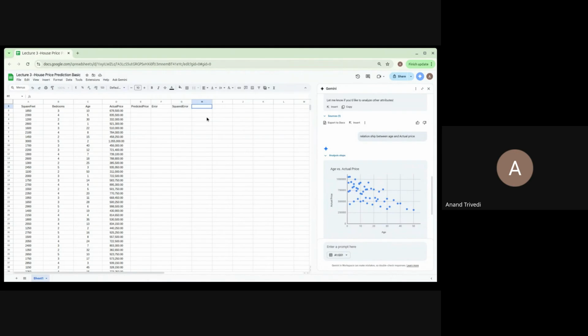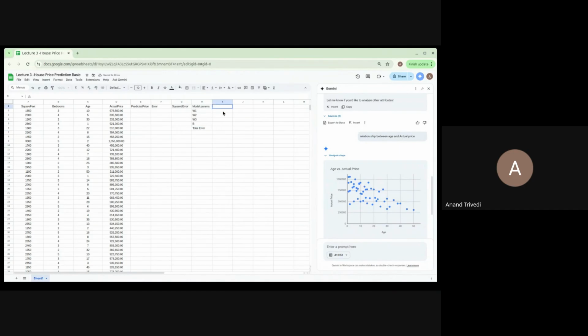I will define here my model params, that is the parameters on which it will learn. That is w1, w2, w3, bias, and total error, that is the net error that we have, right?